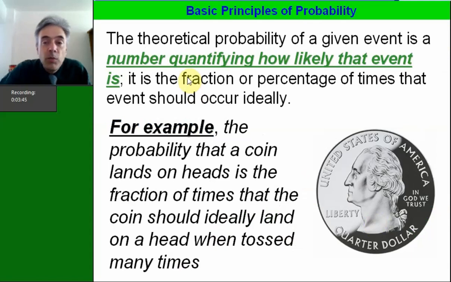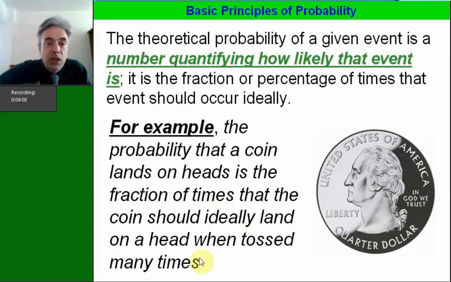The theoretical probability of a given event is the number quantifying how likely that event is, right? It is the fraction or percentage of times that event should occur ideally. For example, the probability that a coin lands on heads is the fraction of time that the coin should ideally land on heads when tossed many times.